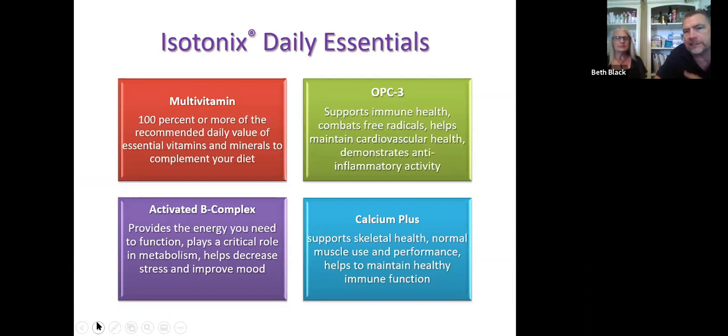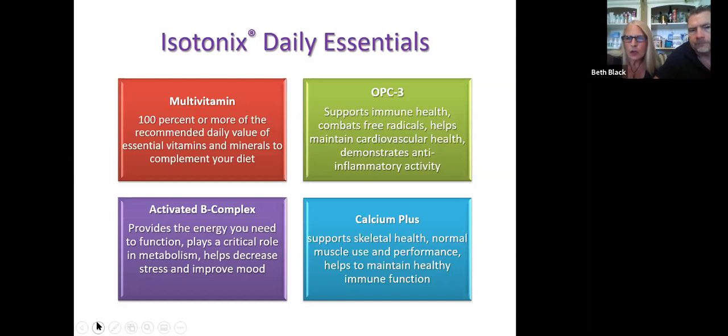They're essential because you have to have them, but you can't make them. Within that essential, we have 4 different ingredients: the multivitamin, OPC3, activated B complex, and calcium plus. Let's glance at these quickly.